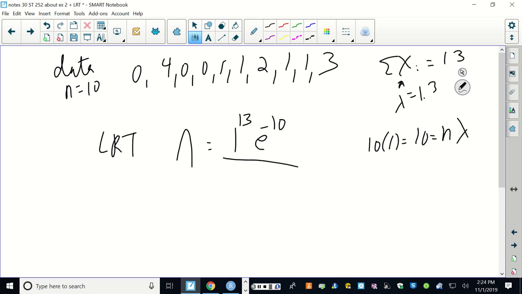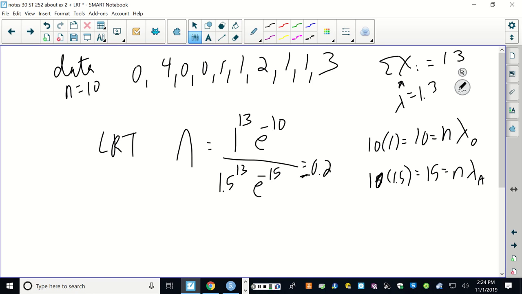In the denominator, it's 1.5 to the 13th, and then e to the negative 15, because if the alternative is 1.5, it's 10 times 1.5, and so that's 15, that's n times the alternative one there. Okay? So that's the likelihood ratio. That value ends up being negative 0.0271.